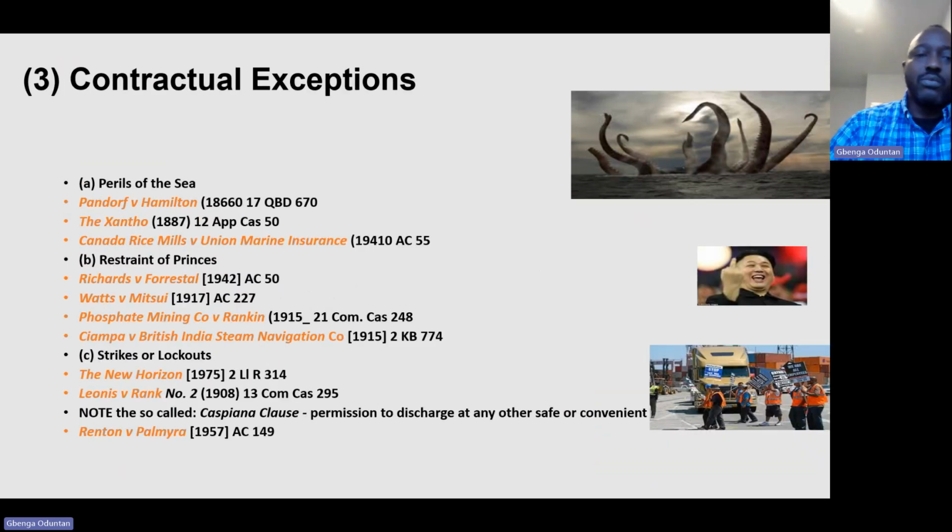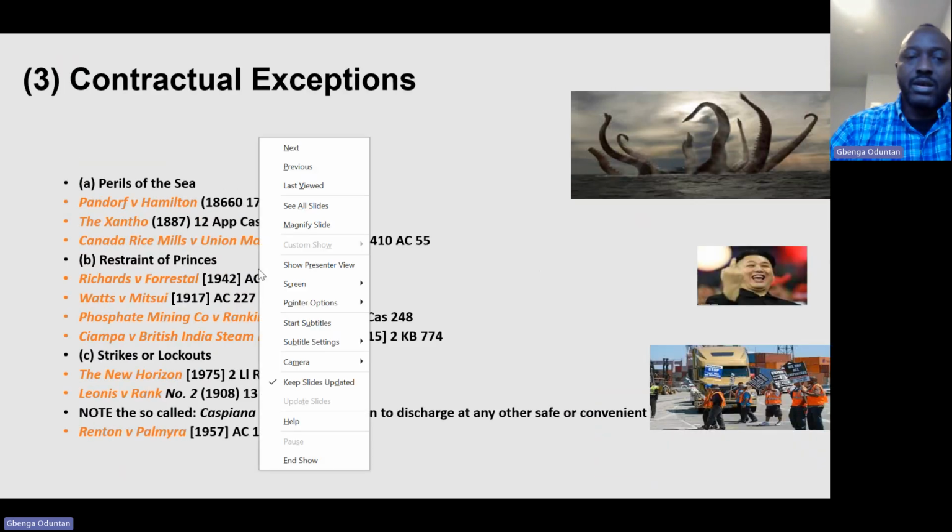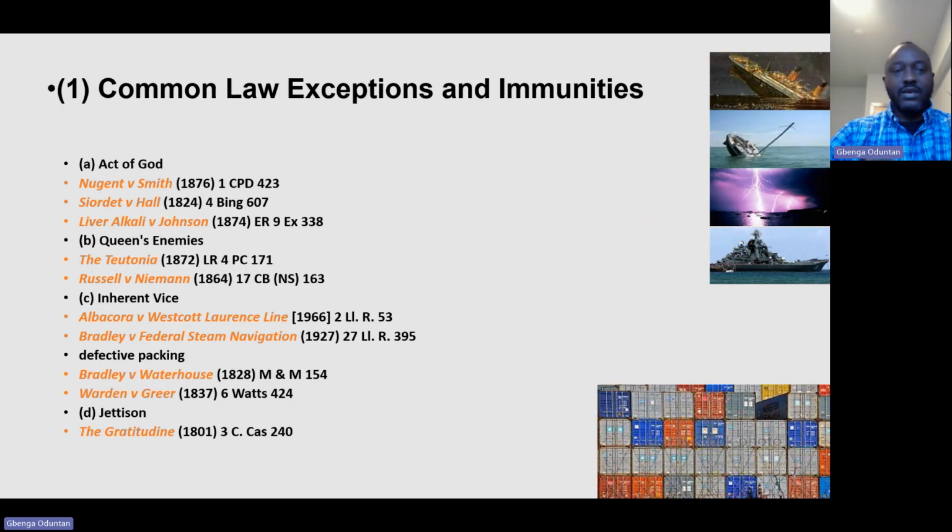There are exceptions to both the implied terms of the charterer and the implied terms with respect to the ship owner. They include acts of God, when something inexplicable happened, despite your not being the cause of it. See Nugent and Smith.